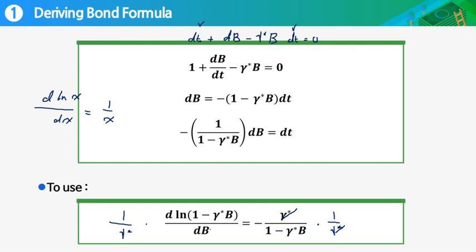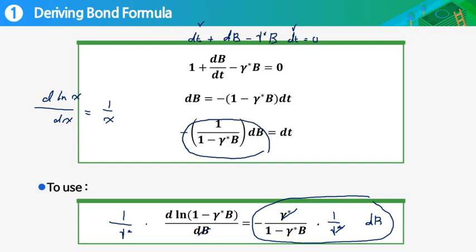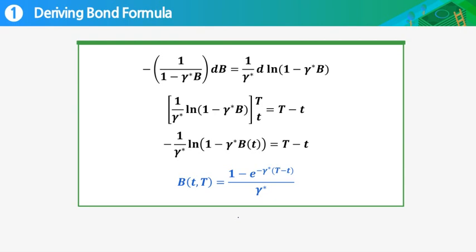This part is exactly the same as this part, right? So basically this part is 1 over gamma d ln(1 minus gamma b), right? So minus 1 over 1 minus gamma b dB is 1 over gamma star d ln(1 minus gamma b), right?